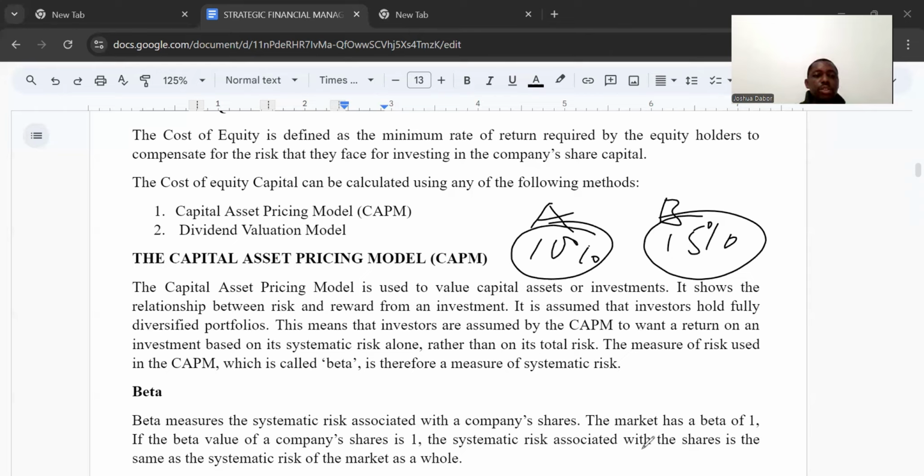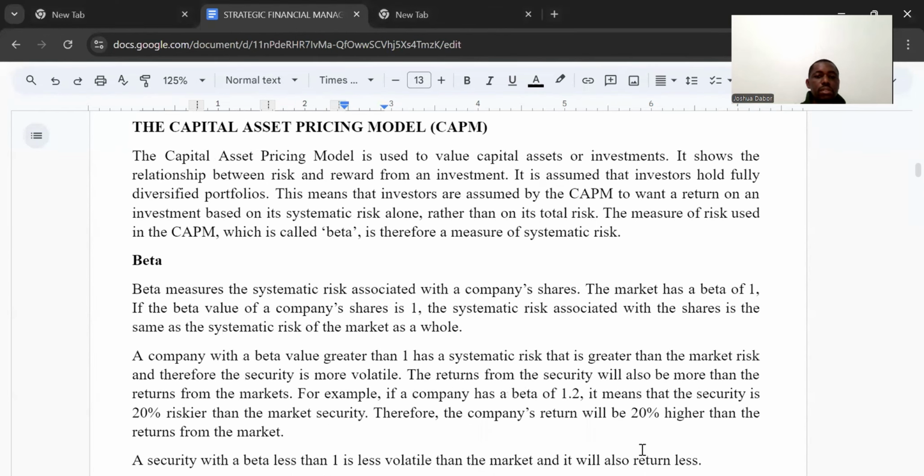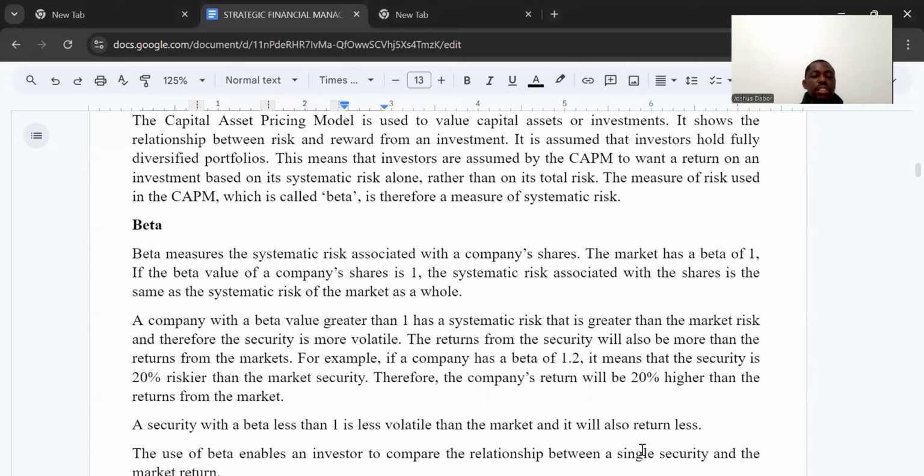So let's look at the beta factor. So what is the beta factor? Beta measures the systematic risk associated with a company's share.